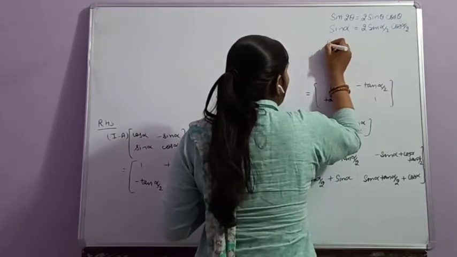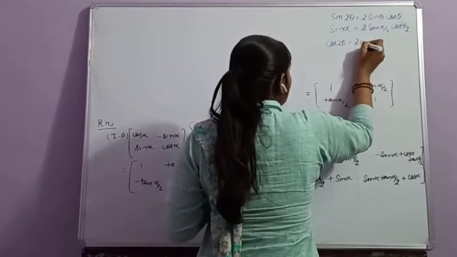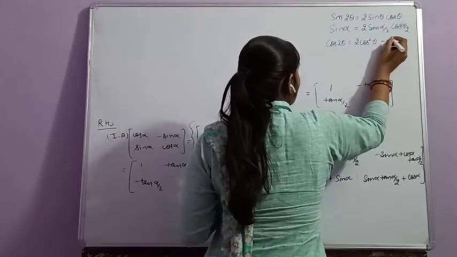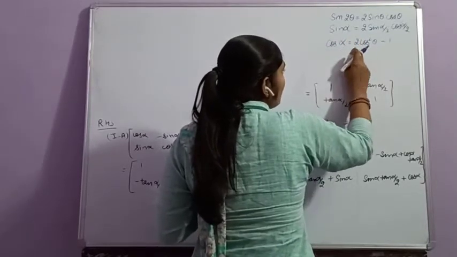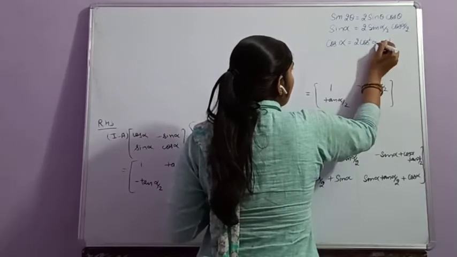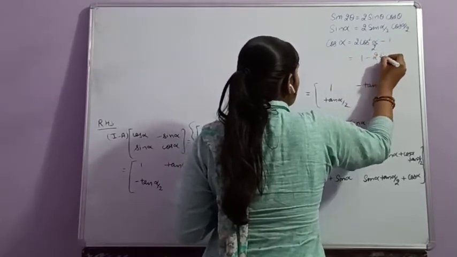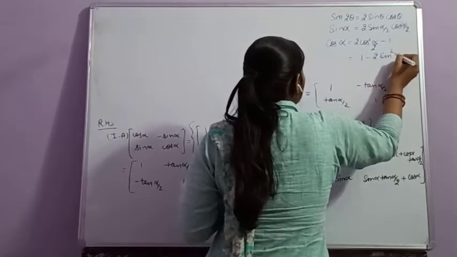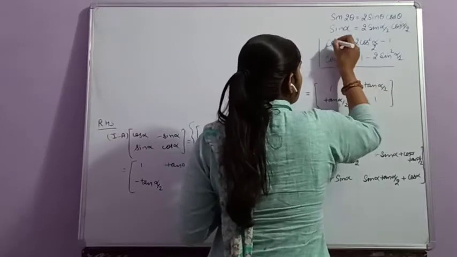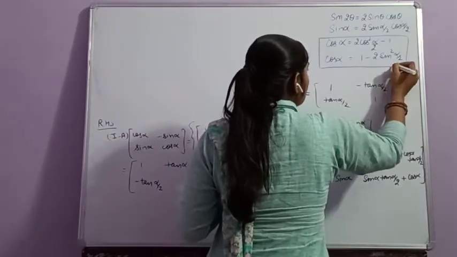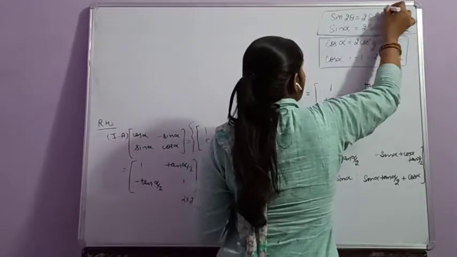Similarly, the value of cos 2 theta is equal to 2 cos square theta minus 1. Or here 2 theta is equal to alpha, so 2 cos square alpha by 2 minus 1, or it can be written as 1 minus 2 sin square alpha by 2. These are the formulas we can use in it.